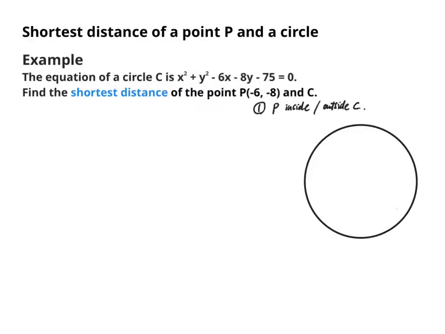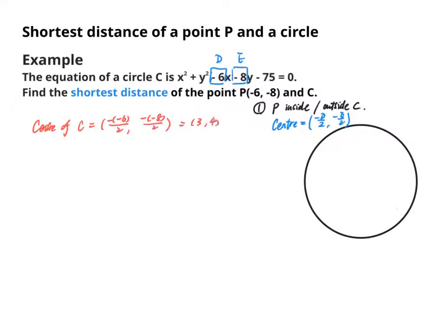We can use the formula (-d/2, -e/2) to find the center. So from the circle equation, we know d is -6 and e is -8. So the center of C is equal to (-(-6)/2, -(-8)/2). It is (3, 4). Let h and k be the x and y coordinates of the center.